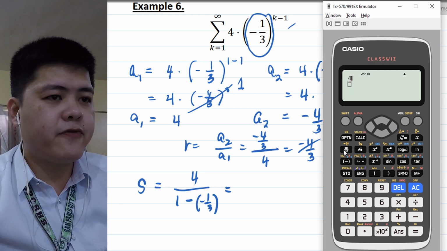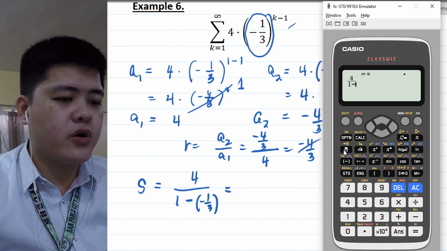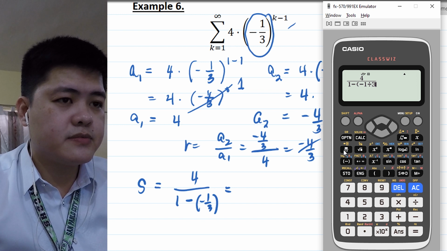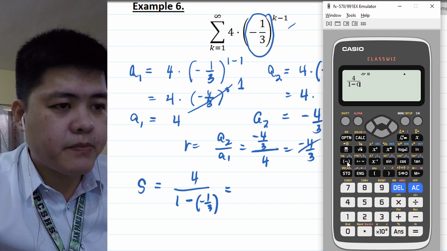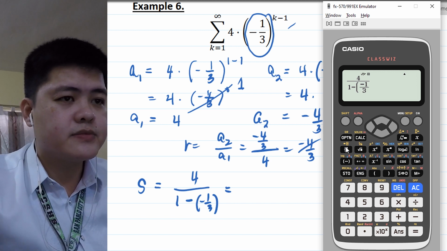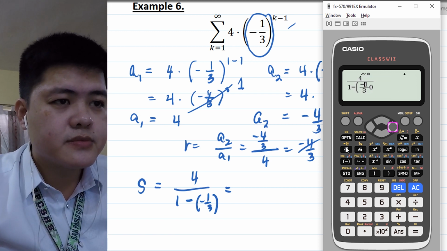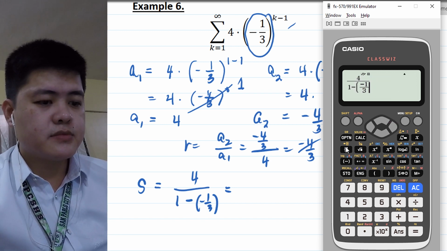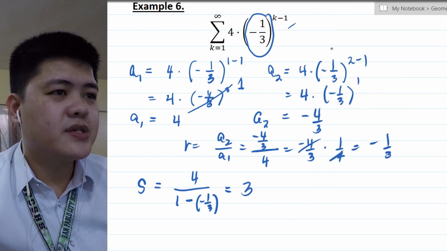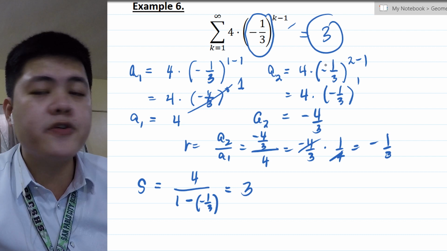So, that will become 4 over 1 minus negative 1 over 3. Para sa mga OC, negative 1 over 3. Ay, sorry. 1/3. So, the answer is 3.